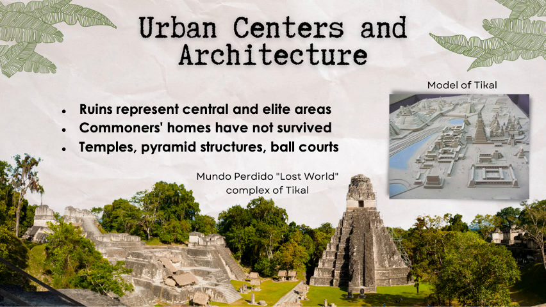Common people did not have dwellings made from stone, so those structures have not survived. As with many of the states we have studied so far, such as Heian, Japan, historical records and archaeological evidence give us a clear picture about the most elite members of a society, but it leaves us with relatively little information about a society's lower classes.